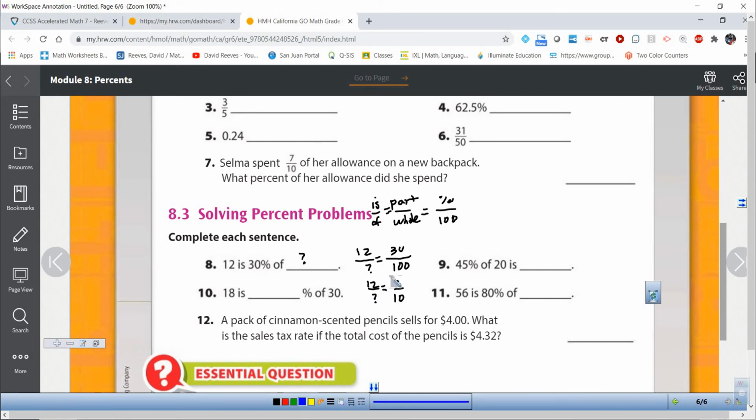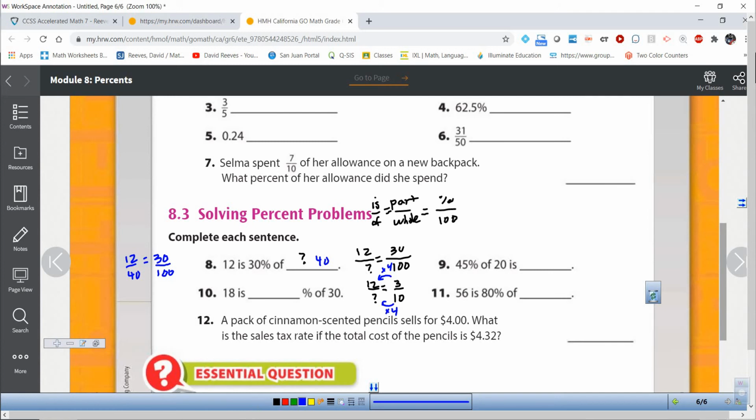And now using that proportional reasoning, 12 is 4 times as big, so this one is going to have to be 4 times as big. So it's 12 is 30% of what? 10 times 4 is 40. So what are we saying? Having 12 out of 40 is the same as having 30 out of 100.